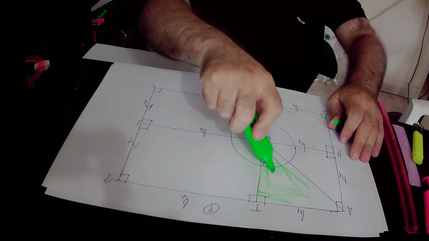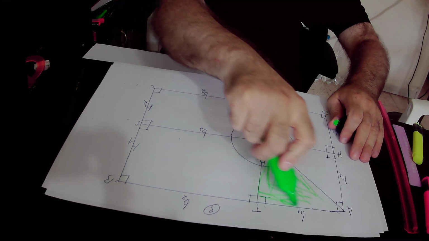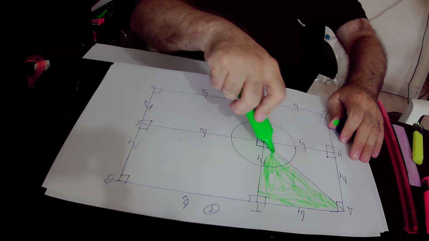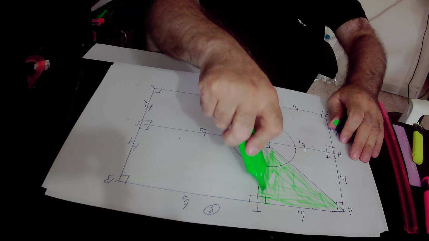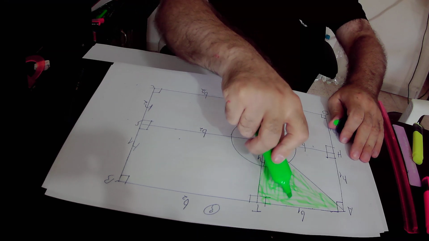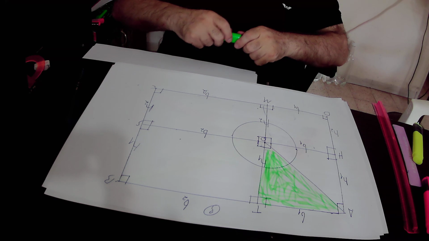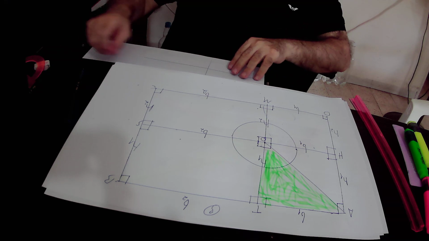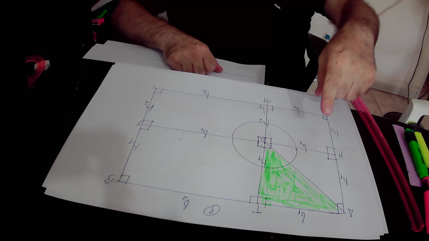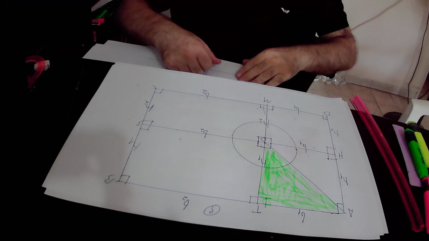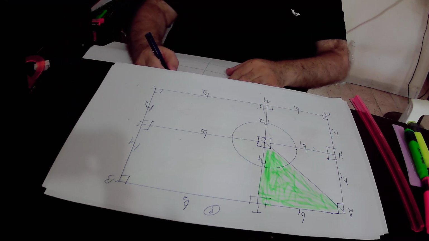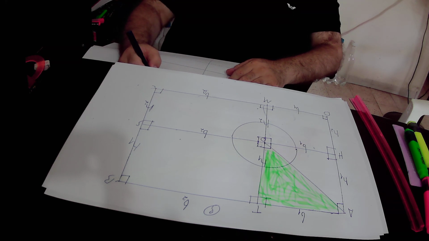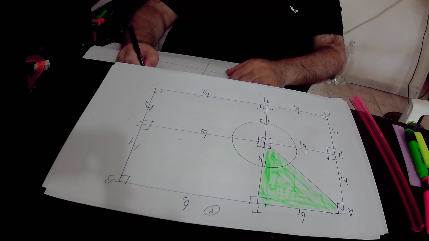On the right triangle, triangle ATO, according to the Pythagoras theorem, we get that AO square equals H1 square plus B1 square.